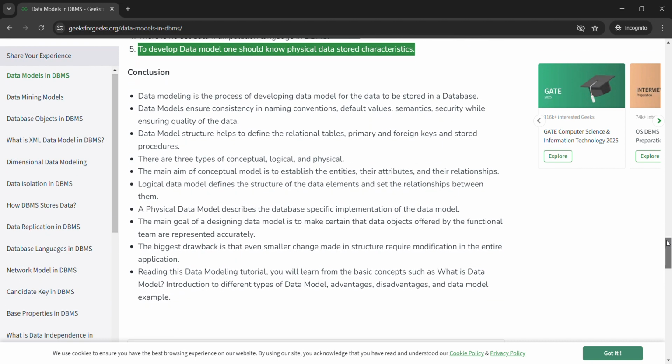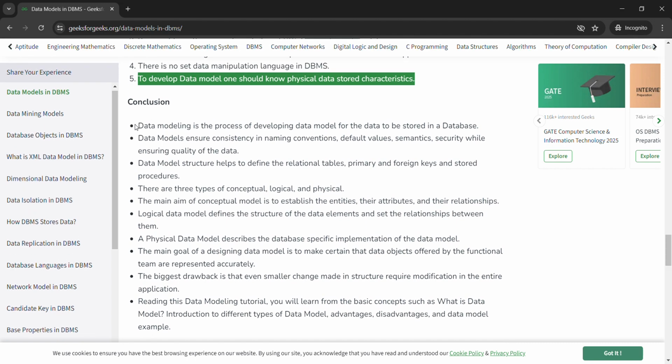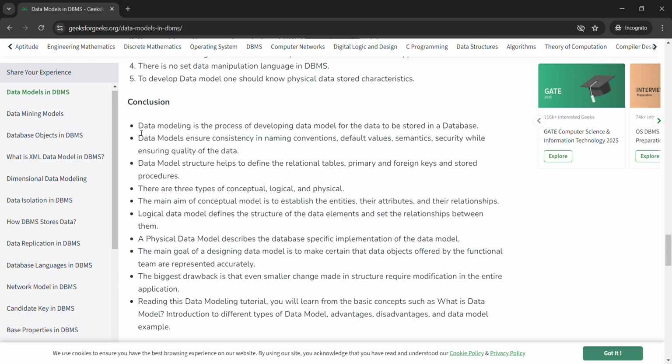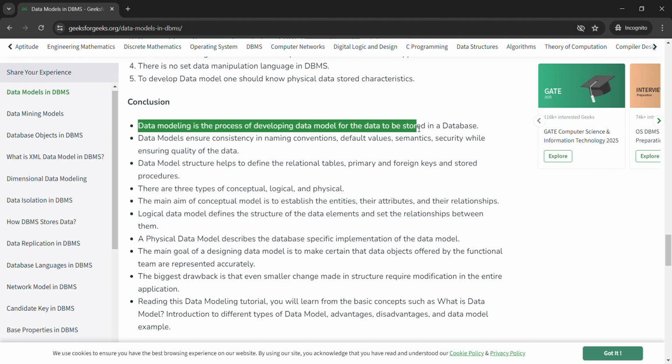So this is the conclusion or summary part. To summarize, data modeling is the process of developing a data model for the data to be stored in a database. Data models ensure consistency in naming conventions, default values, semantics, and security, while ensuring quality of data. Data model structure helps to define the relational tables, primary and foreign keys, and stored procedures.